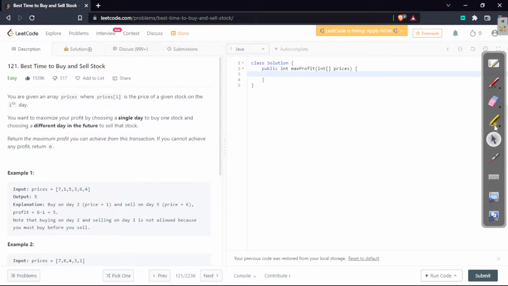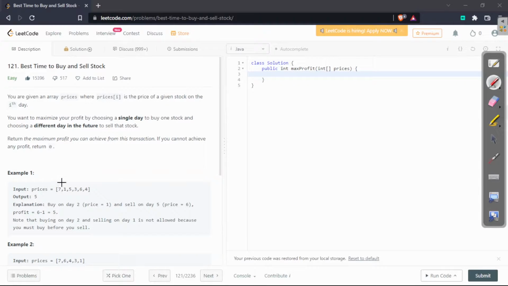Let's first see the example. If we buy on the day where the value of the stock is 1, what we are essentially finding is the minimum value at any given point in the array.